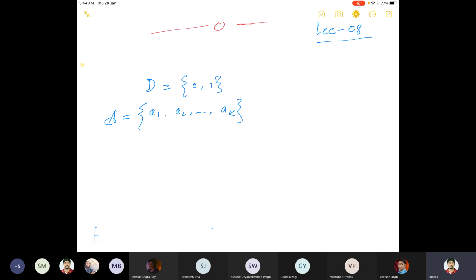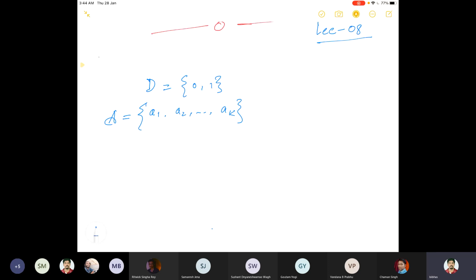Then our job will be to encode the symbols A1, A2, ..., AK using alphabets like 0 and 1. If we use the alphabet 0, 1, then this is a string of 0s and 1s, just encoding these symbols using binary strings or binary sequences.